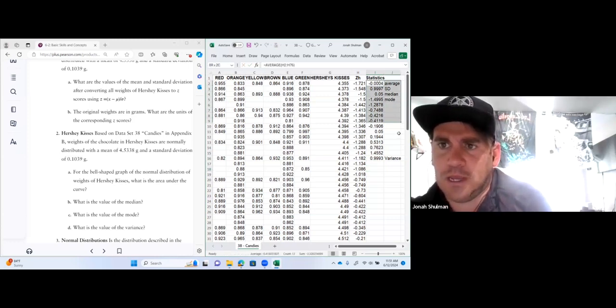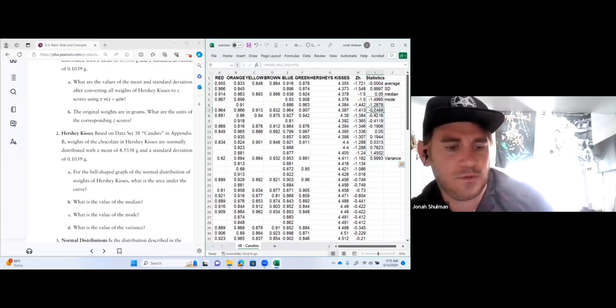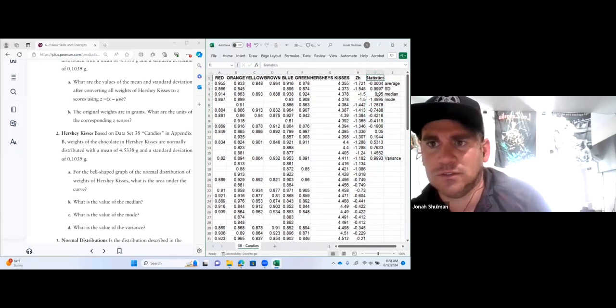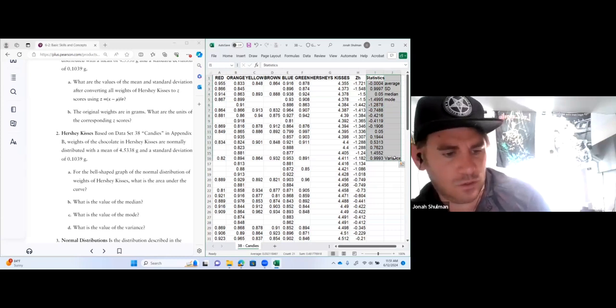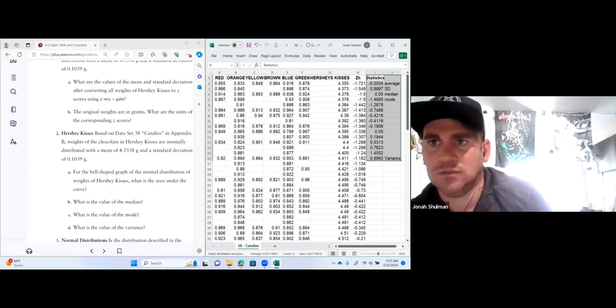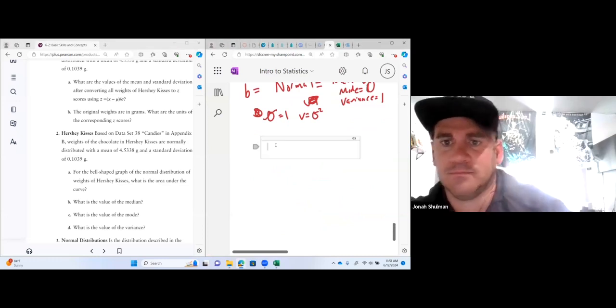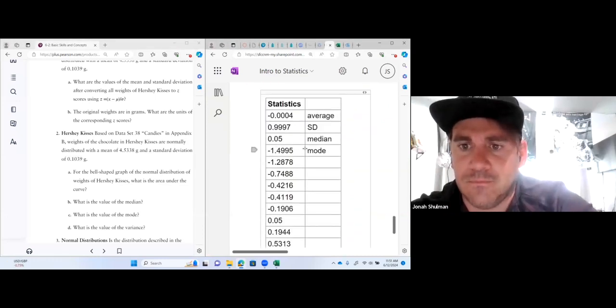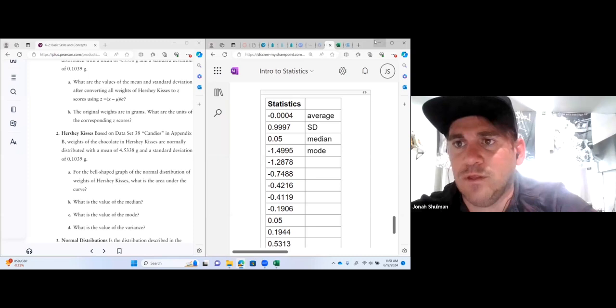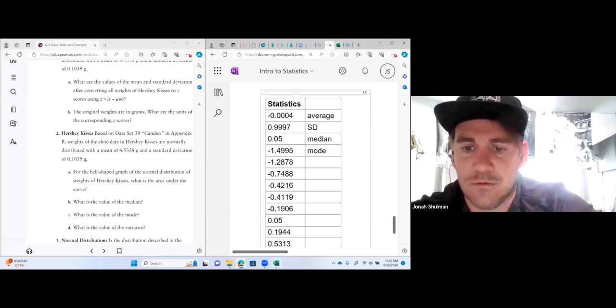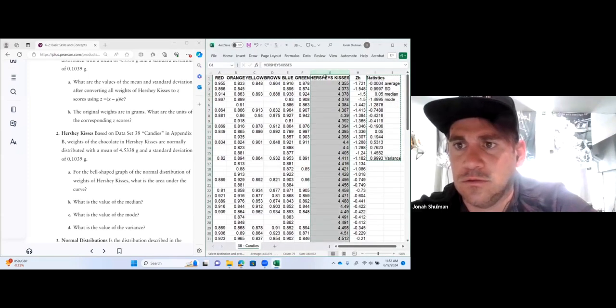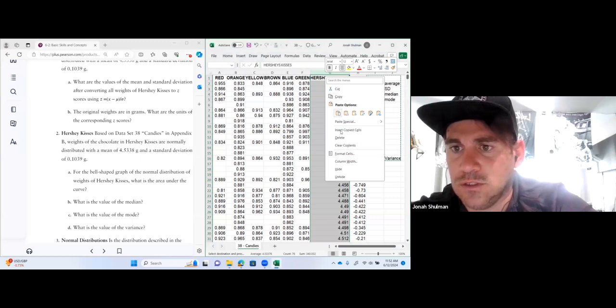I'm going to use it for the statistics, for the z-scores. Can you do this again for the original scores? Sure. You could always do this for the original scores as well. These are all the modes. Now, if they wanted the original data, we can just do what? Insert.